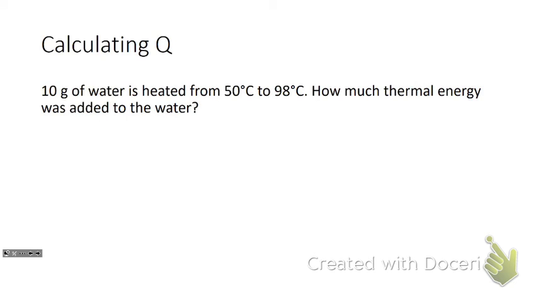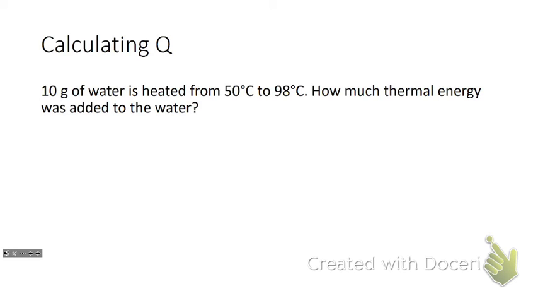Okay, so now we're getting into calculating Q. So we have a mass of water which is heated from 50 degrees Celsius to 98 degrees Celsius. Is there a phase change here? No, right? Because what temperature does water boil at? 100 degrees Celsius, right? So there's no phase change here.